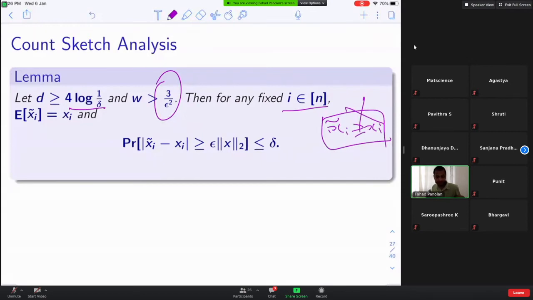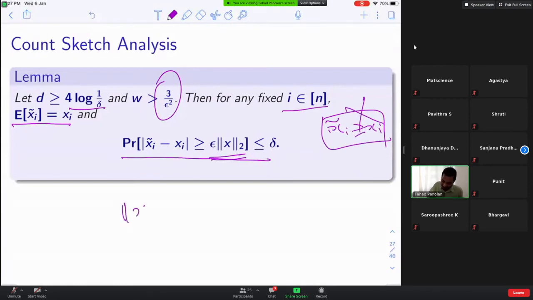Then for any fixed i, the expected value of xi tilde is equal to xi, and the probability that xi tilde minus xi is more than epsilon times the L2 norm of x is at most delta.